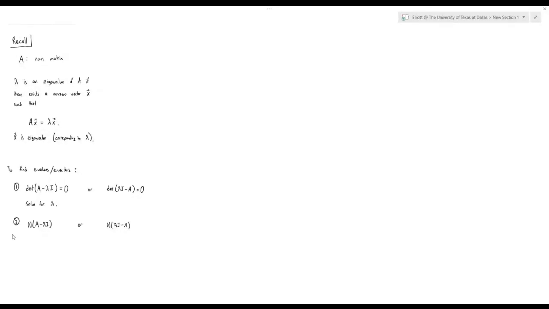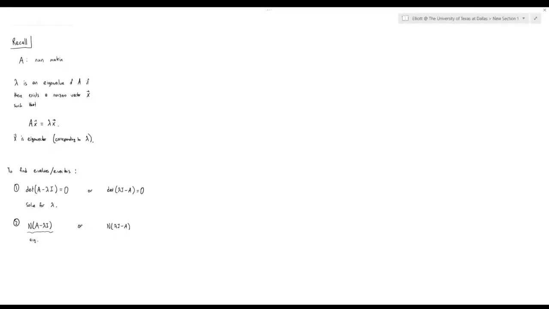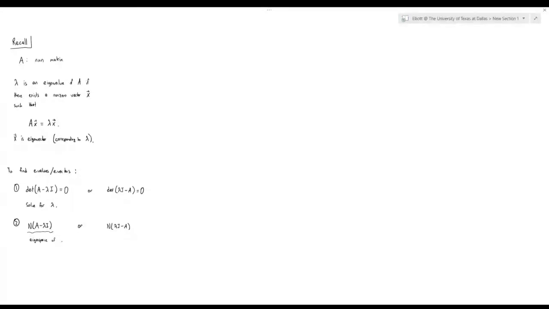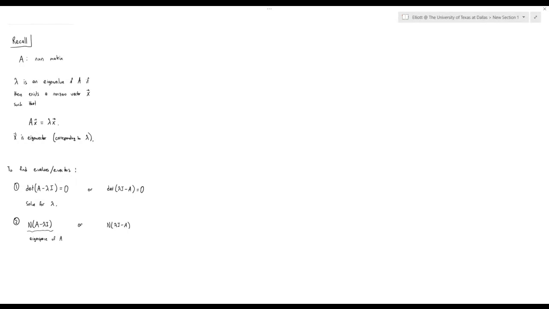We call this the eigenspace of A corresponding to the eigenvalue lambda. And essentially the non-zero vectors in this null space constitute the corresponding eigenvectors.